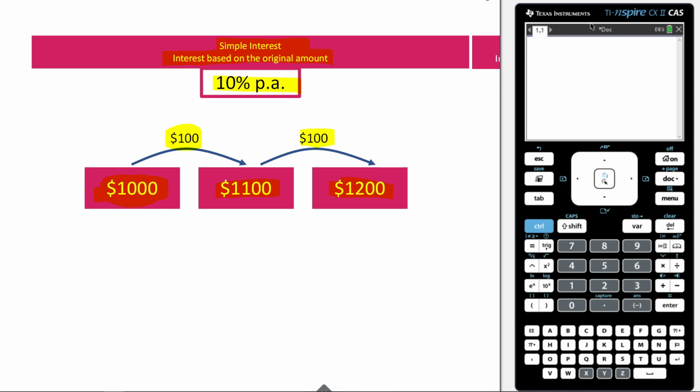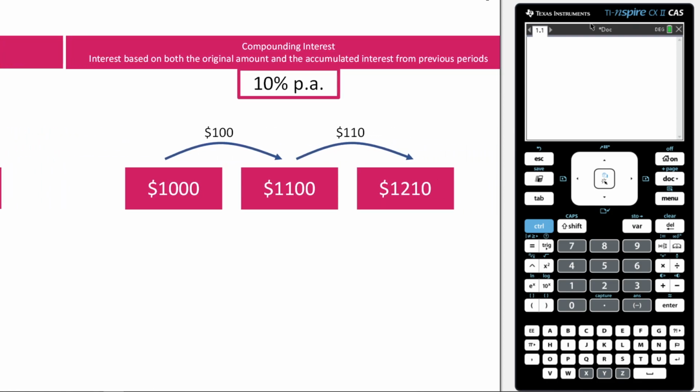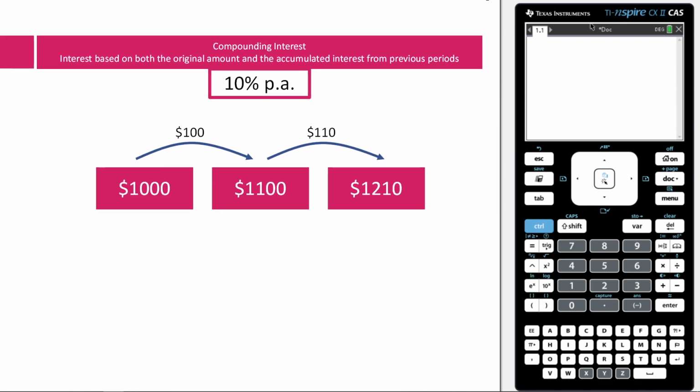So again, really two important things about simple interest: that it is calculated as a percentage of the original, and it remains constant. In our next lesson, we'll be looking at compound interest, which is different. Compound interest is based on both the original amount and the accumulated interest from the previous periods. So if they said 10% per annum, what they're saying is, what's 10% of your original?